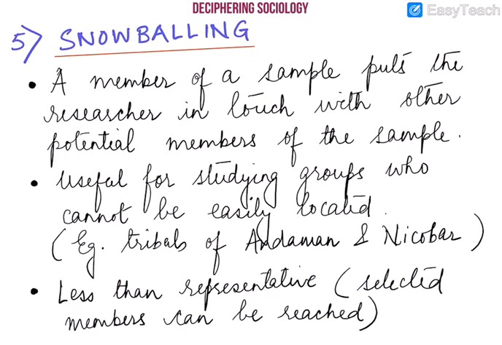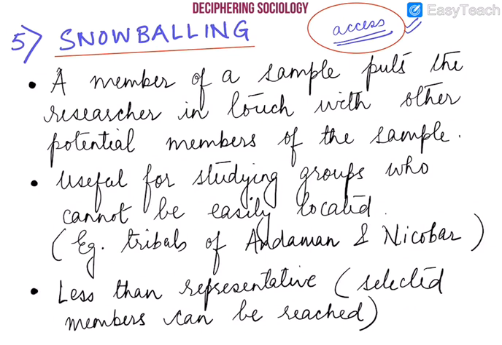The next type is snowballing. Remember, I told previously that suppose a researcher does not have access to the person or people he or she wants to study, then he will accordingly choose a research method. This access part is going to be important in this method.